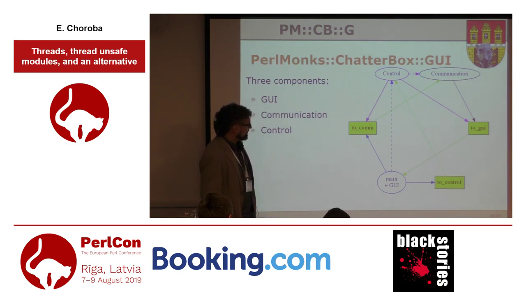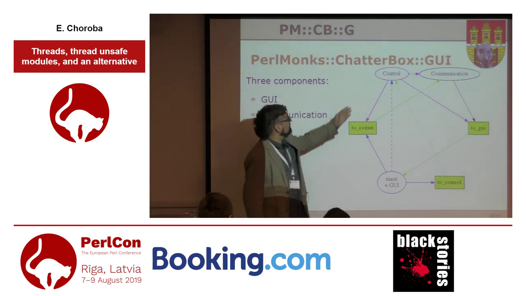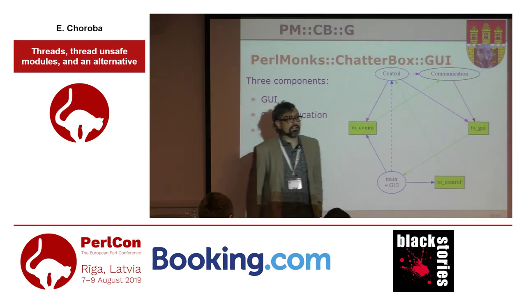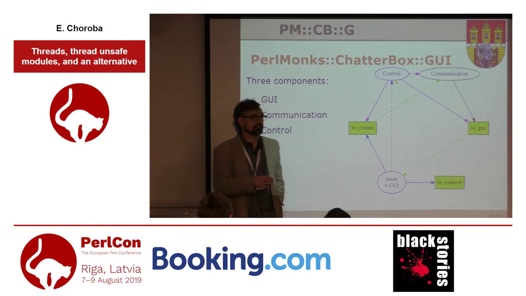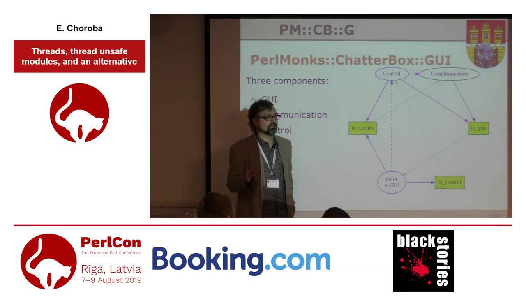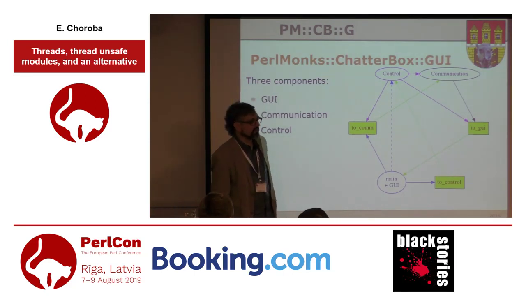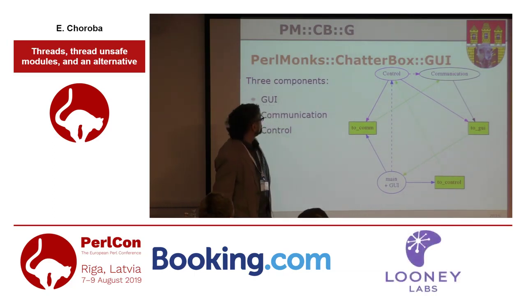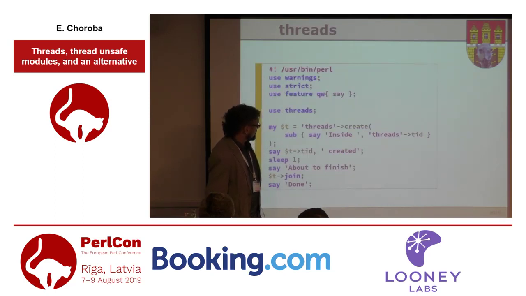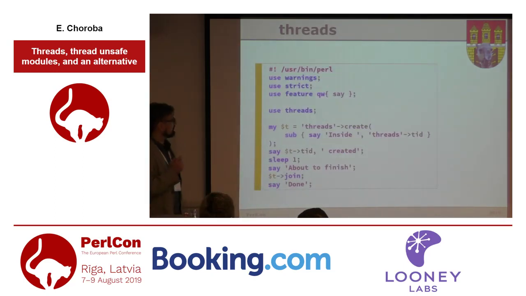They communicate between themselves via three queues, which are here in green. It seems quite complicated, but in fact, the control is very easy. It just handles the startup and clean exit in the end. It doesn't do anything else at the moment.